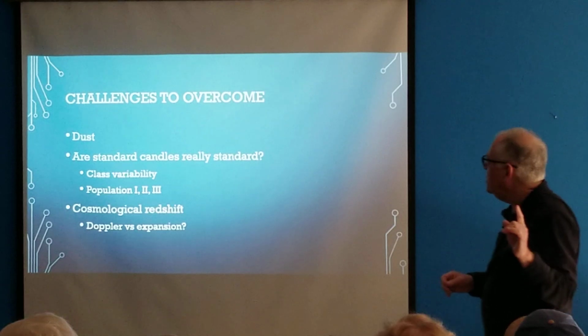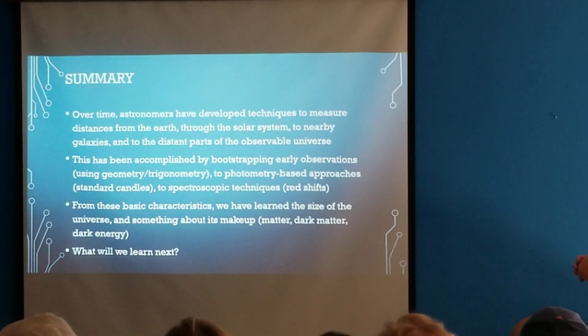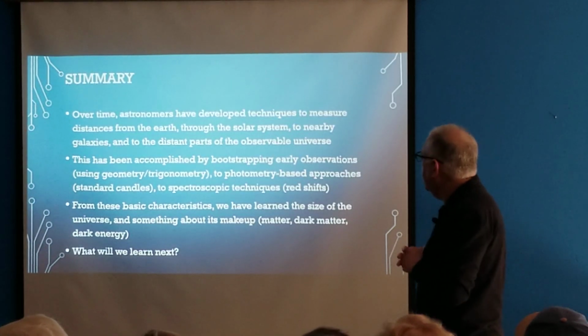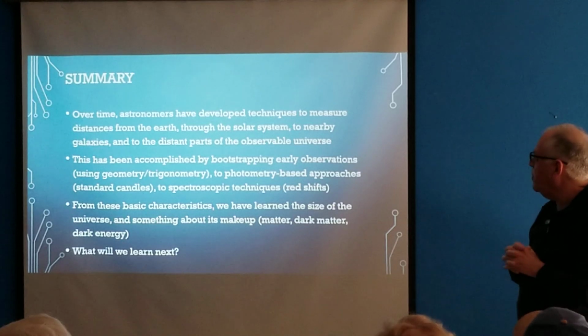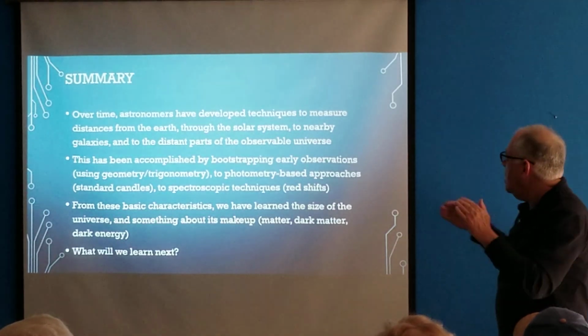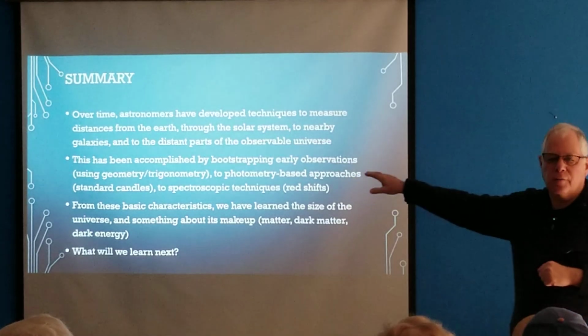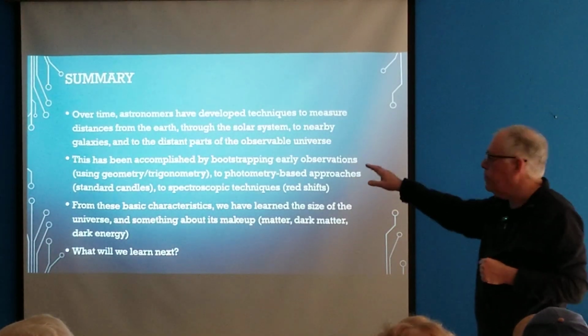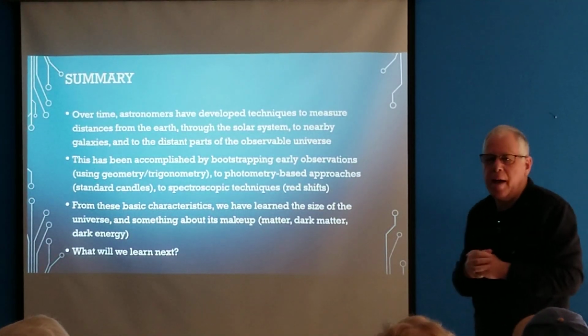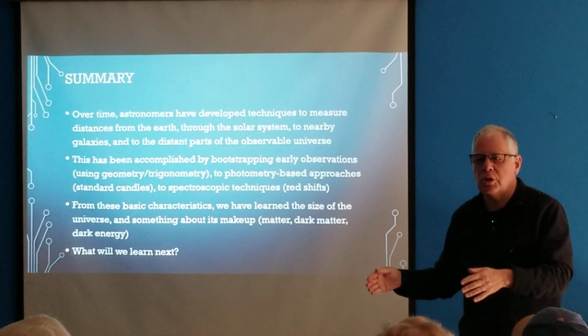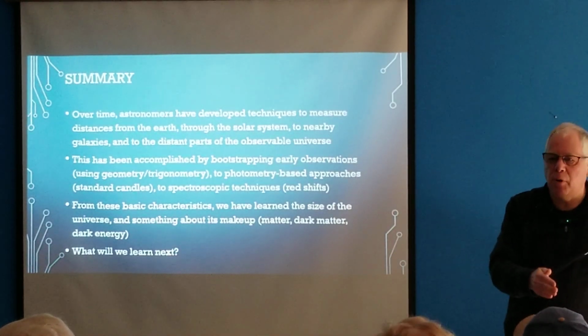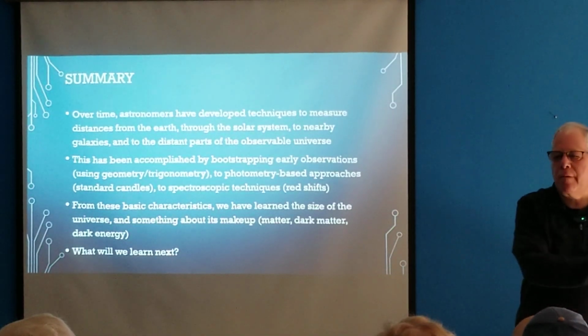Next chart, I think last chart. So, in summary, astronomers developed techniques to measure distances from the Earth and the solar system, well, nearby stars, then galaxies, and then as far as we can see, basically, through the universe. It is bootstrapping. Each approach has been built on the calibration and the information from the earlier one.